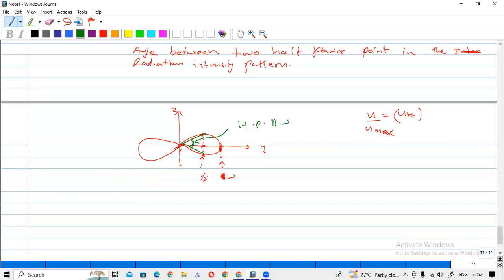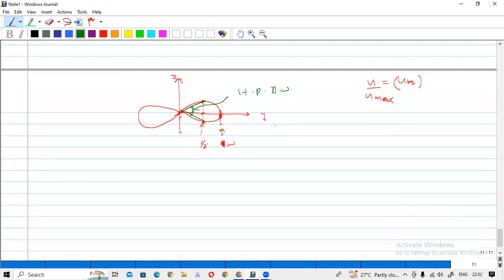So what is the half power beam width of the infinitely small antenna?